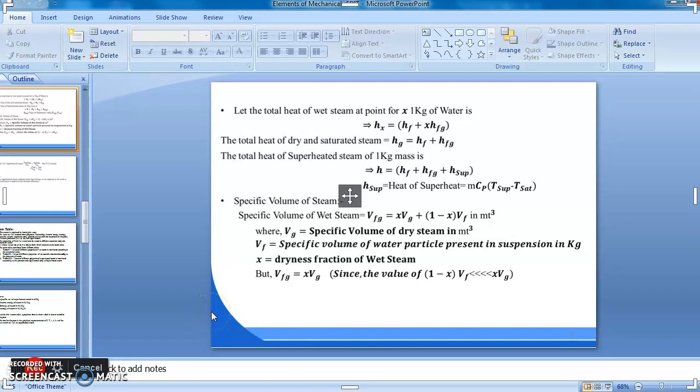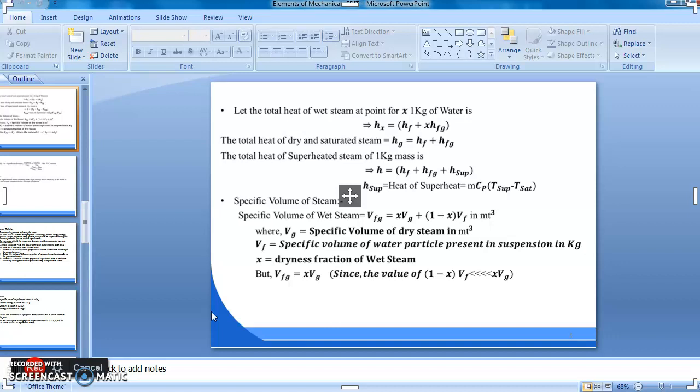In the last class, we discussed some important formulae that we shall use for the calculation of total heat energy carried by a wet steam, dry saturated steam and a superheated steam.